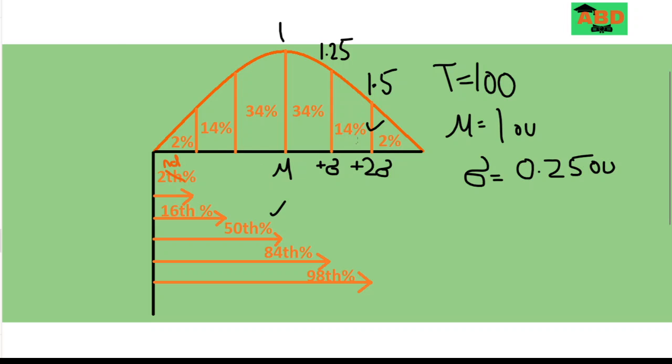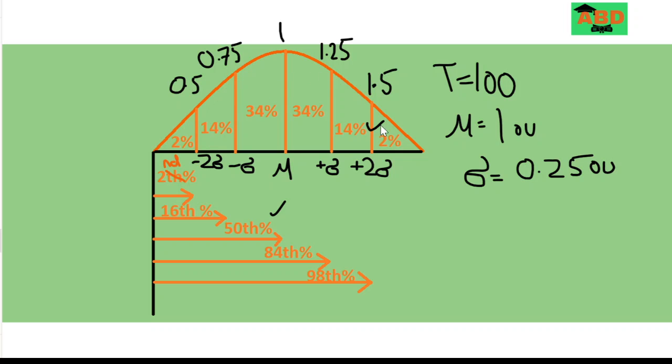I can do the same process on the other side, since it's symmetric. This is 1 standard deviation below the mean, and this is 2 standard deviations below the mean. I subtract 0.25, I get 0.75. I take out one more 0.25, I get 0.5.